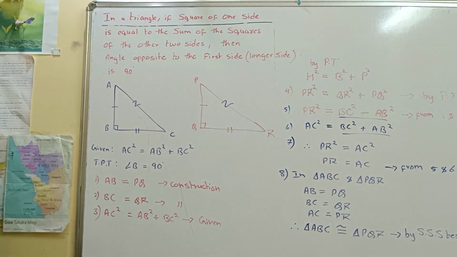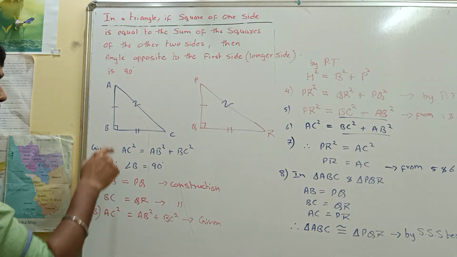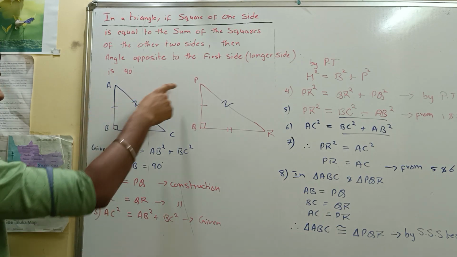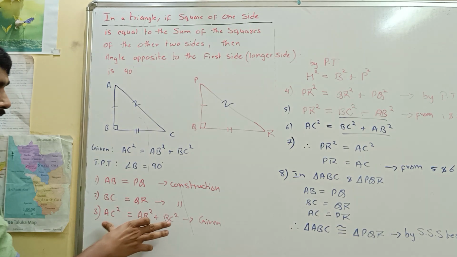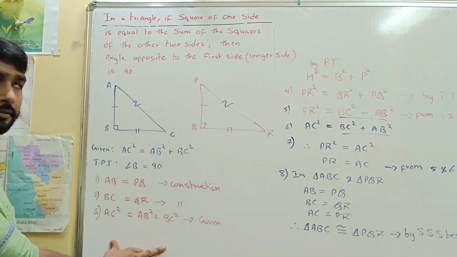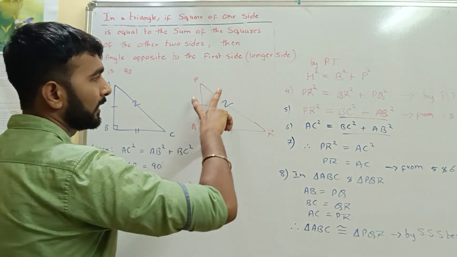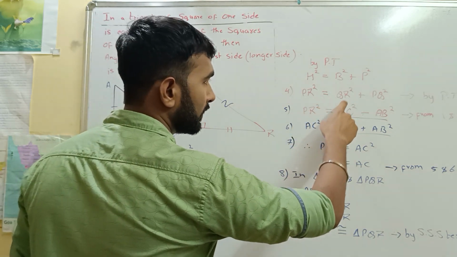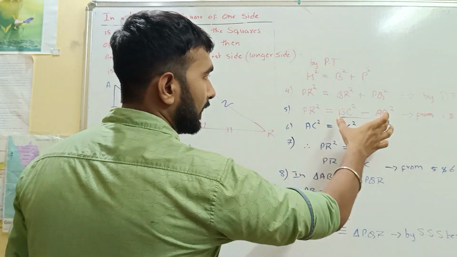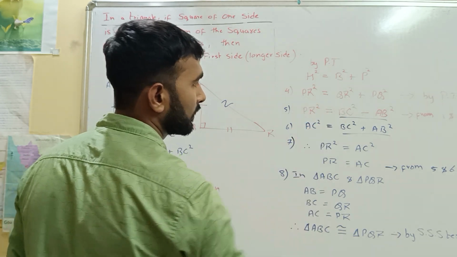So I'll repeat everything one more time. This was given to us, we did this by construction, that is AB is equal to PQ and BC is equal to QR, and this was already given to us, so we just copied and pasted here. Now in this triangle you have to apply Pythagoras. After applying Pythagoras theorem, I got this equation. After getting this equation, I did the replacement in these two parts, and this I already had as AC square, so in place of PR I wrote AC square.